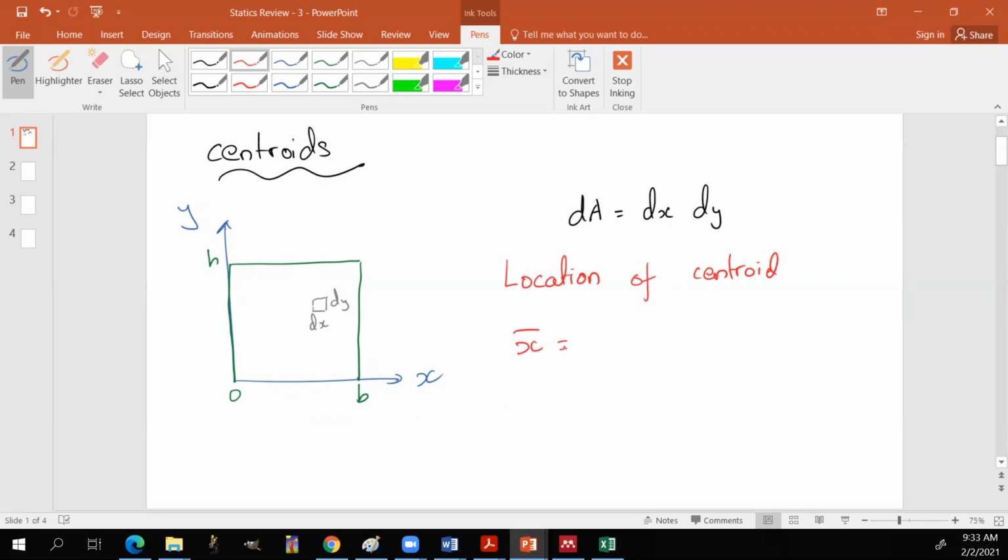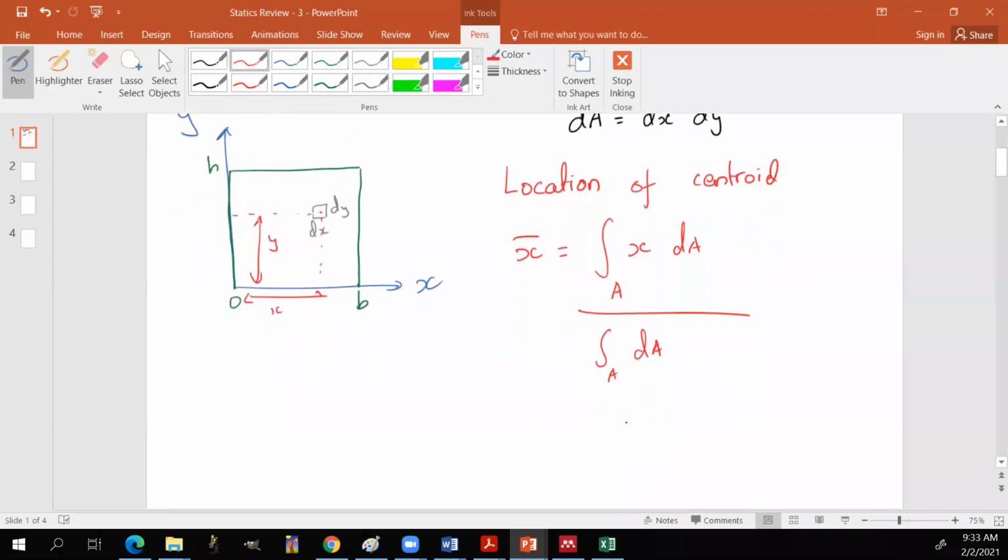So for the x coordinate, you're basically integrating over the whole area with respect to the location of each of these areas. So let's say that that's x, and that's going to be y. And then you do it over the whole area so that you cover the whole area, and then this is simply divided by whatever your whole area is.